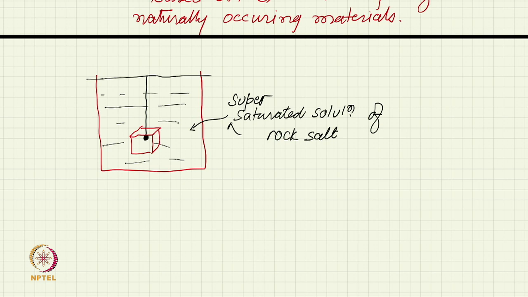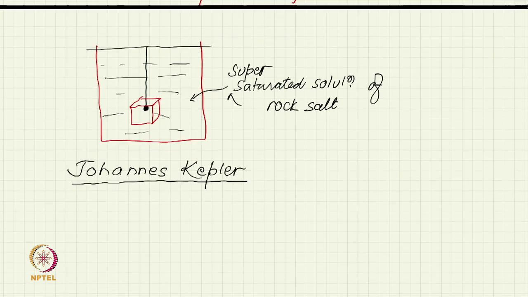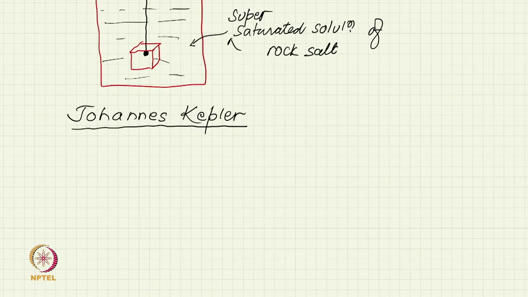So, the earlier scientists wondered, some of the greatest minds wondered, and one such great mind was Johannes Kepler, the same Kepler of Kepler's theory of planetary motion. He was also wondering.